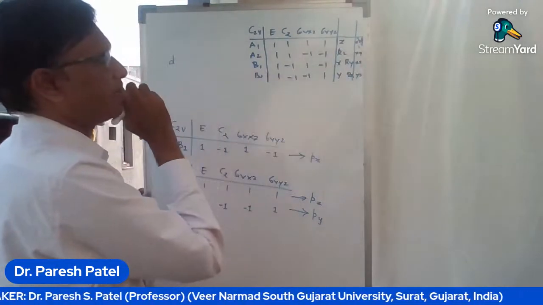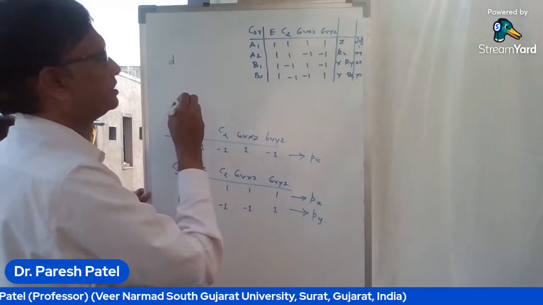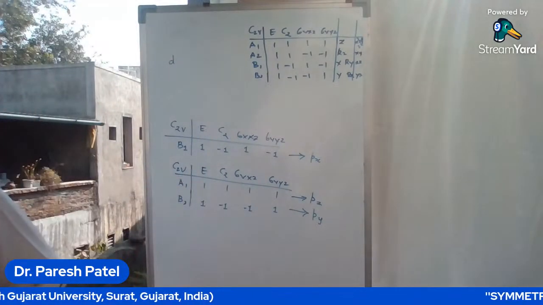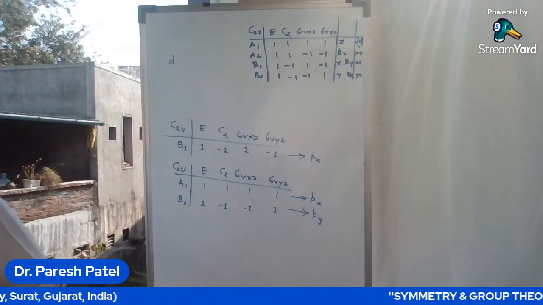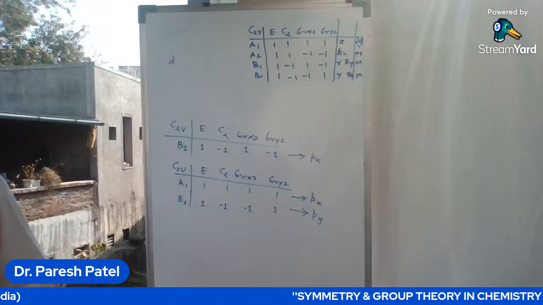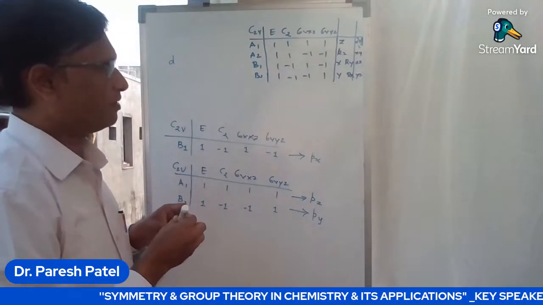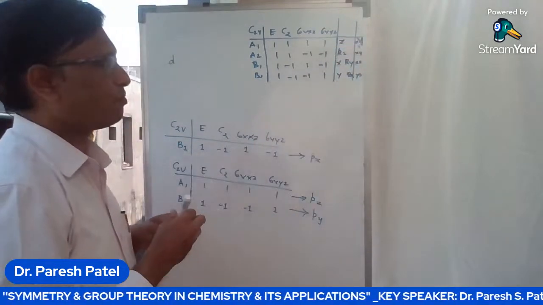In the last, fourth area of the character table, that represents the contribution from the s orbital.